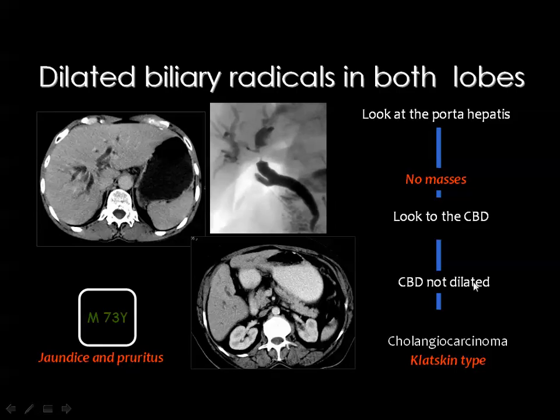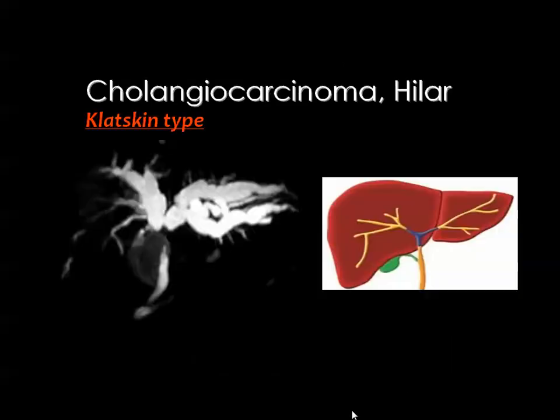This is the cholangiogram, and you see the dilated biliary radicals, and you see the stricture affecting the common hepatic duct on the left side and the common one on the right side, and the proximal part of the common bile duct as well. This is the hilar type of cholangiocarcinoma, which will affect the common hepatic ducts as well as the proximal part of the common bile duct.